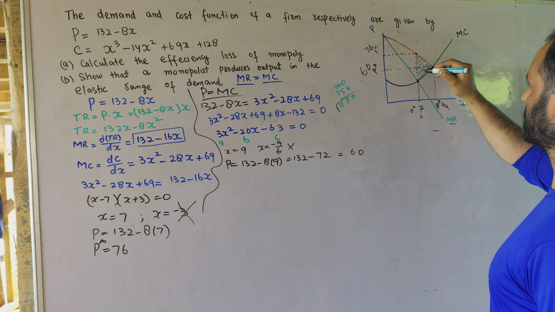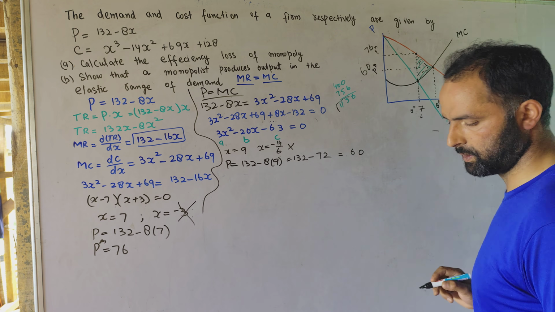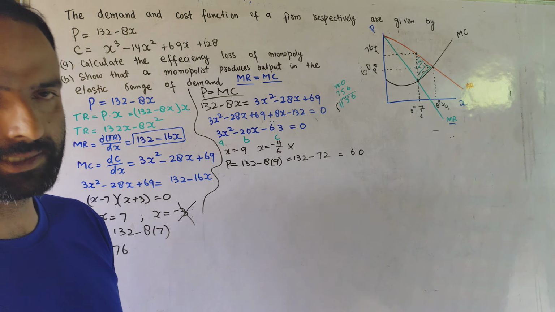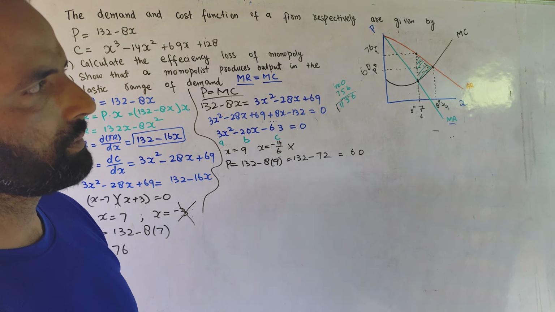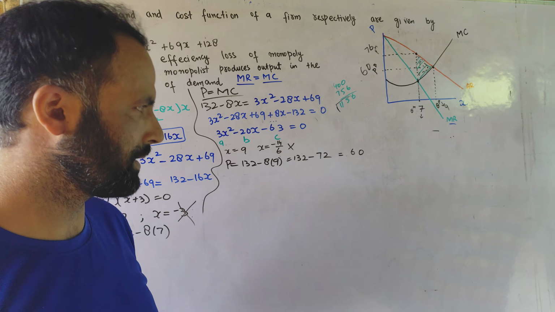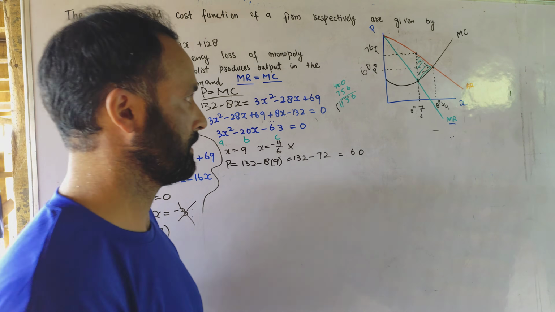Now we can find out the area of this triangle. Okay, sorry, it's not a triangle. Two sides are linear, one side is non-linear. So what will be the area of this figure? Let me also explain this here.